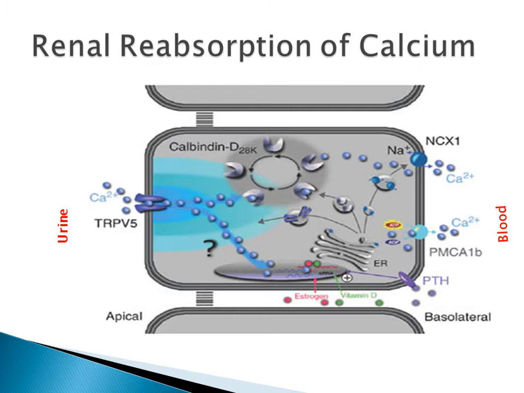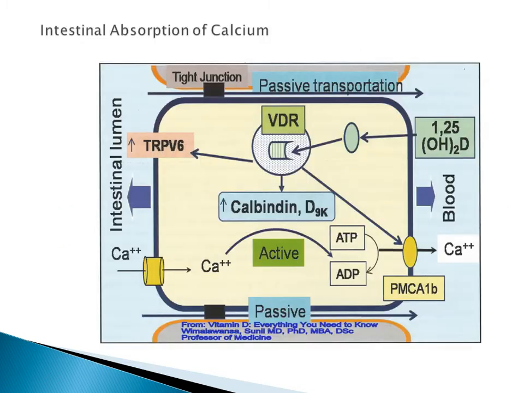So it's important to keep in mind that the reabsorption of calcium from the urine is a complex process, but it's important for primary care physicians to understand this. And move on to the intestine.